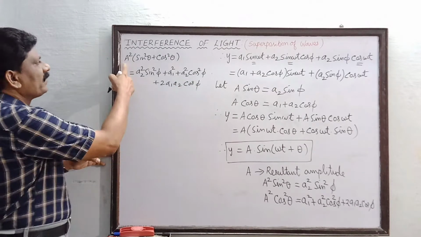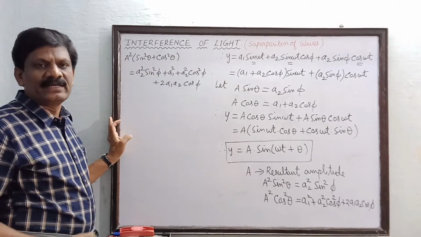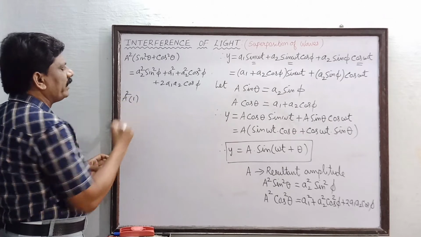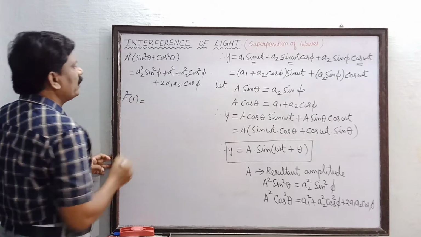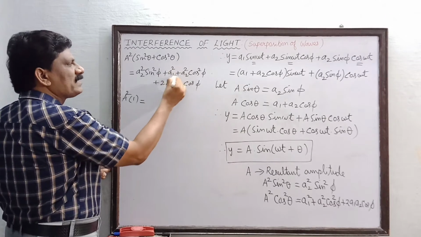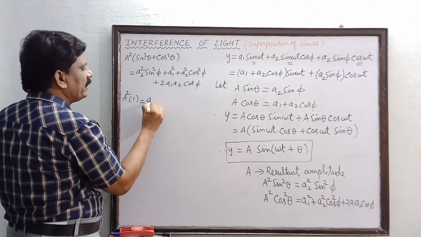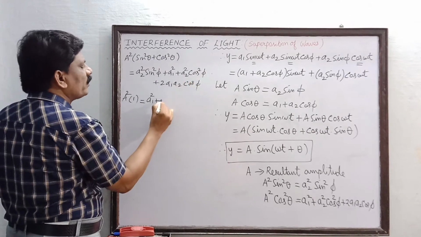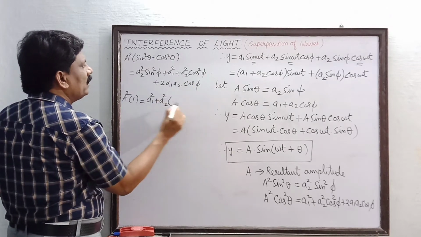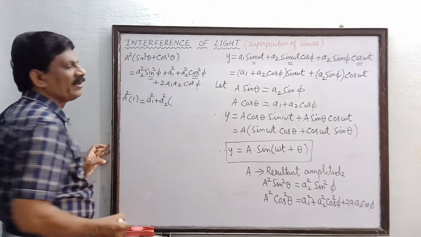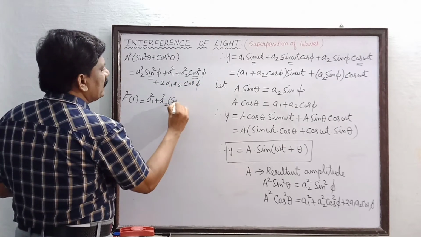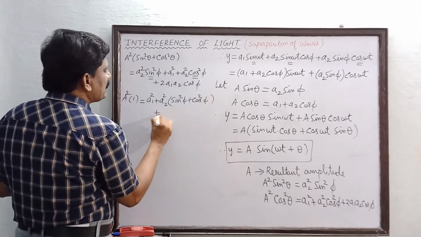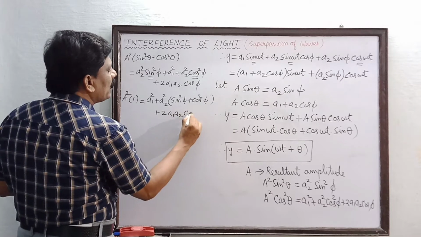Now you can see on the left hand side, sin square theta plus cos square theta is equal to 1. So I will take A square only on the left hand side, A square into 1, and this is equal to A1 square plus A2 square, the common factor, into sin square phi plus cos square phi, which is equal to 1, plus 2 A1 A2 cos phi.